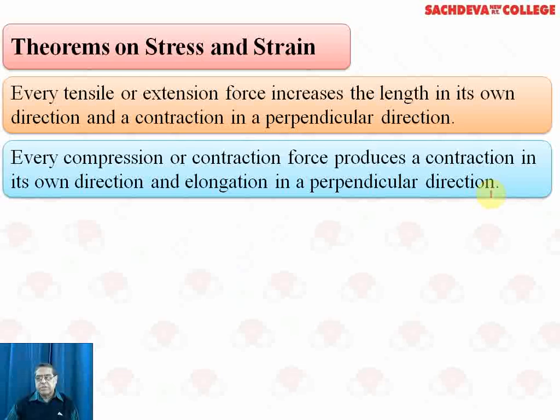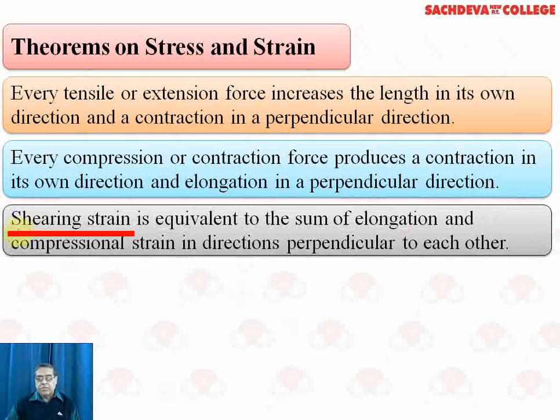Elongation means the change in length. Shearing strain is equivalent to the sum of elongation and compressional strain in directions perpendicular to each other. This is one of the theorems on strain.